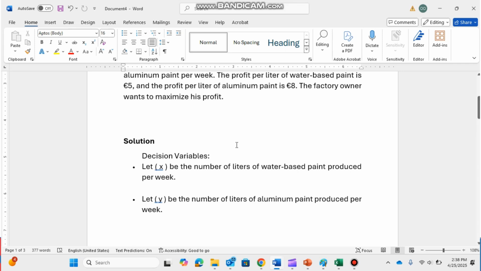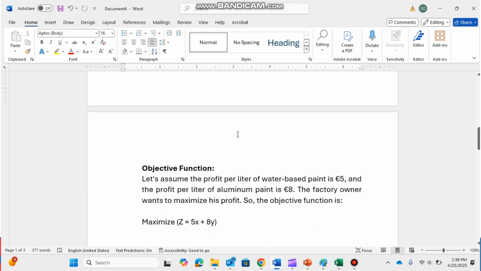Now we look at the objective function. Remember that the objective function is the main optimization problem that the owner of the factory, Mr. Fernandes, wants to achieve. In this case, he wants to maximize his profit.